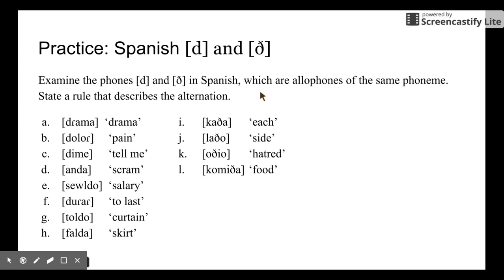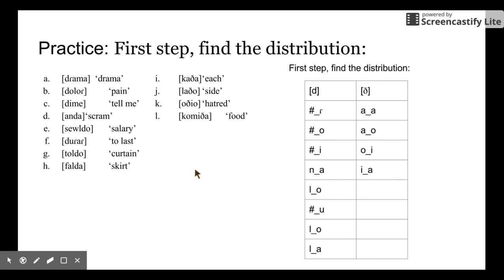State a rule that describes the alternation. There are several steps, actually three steps to do this analysis. The first one is to find out the distribution. Normally we use a table to write down the distributions.